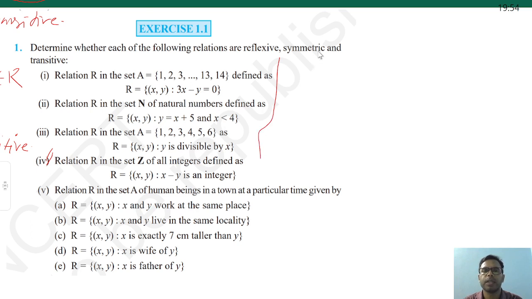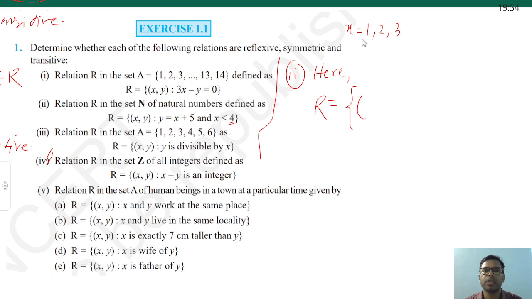So for the second question, the answer: R is equal to, this time you should take the values of x as 1, 2 and 3, because as per the given condition x should be less than 4. Take x equal to 1 first.